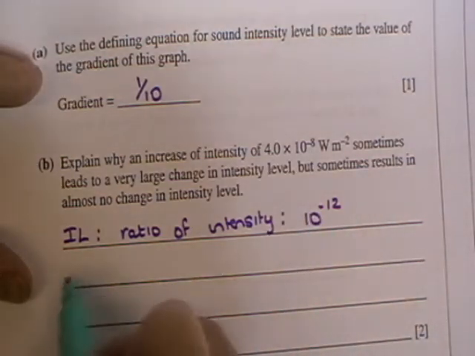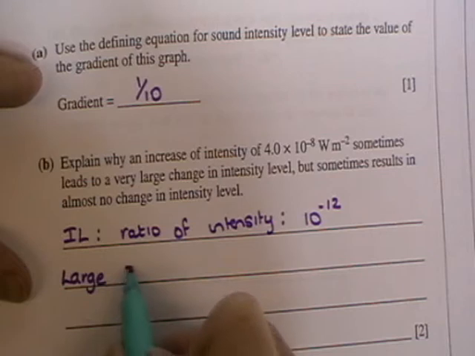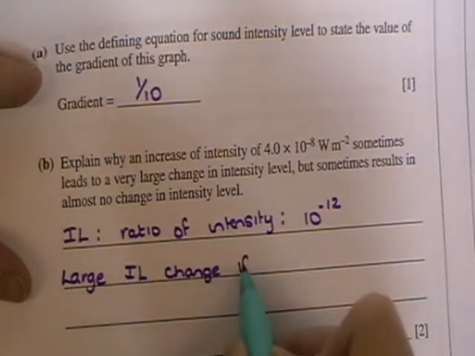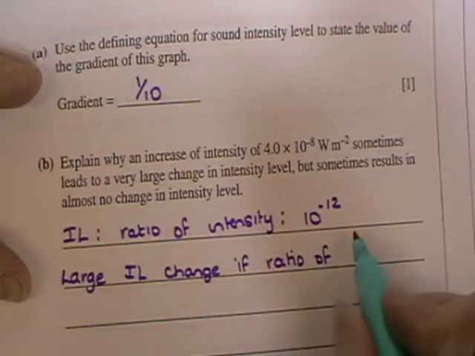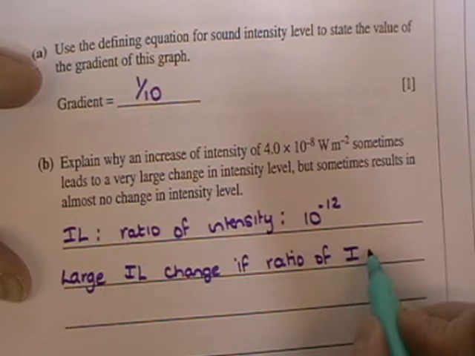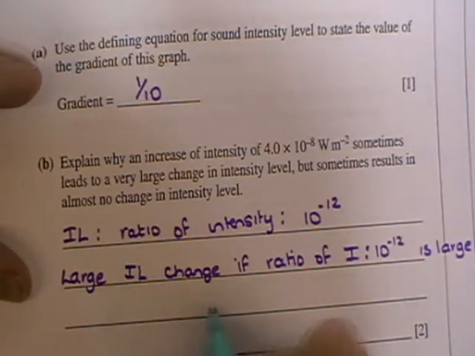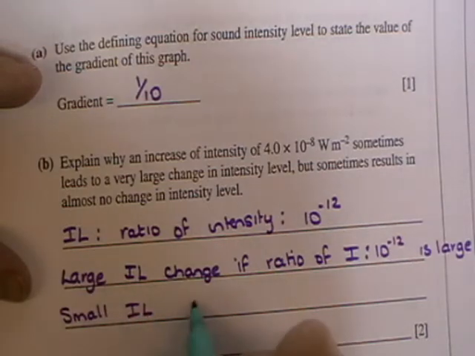So you're going to get a large intensity level change if the ratio of the intensity to 10 to the minus 12 is large. But it's going to be a small intensity level change if that ratio is small.